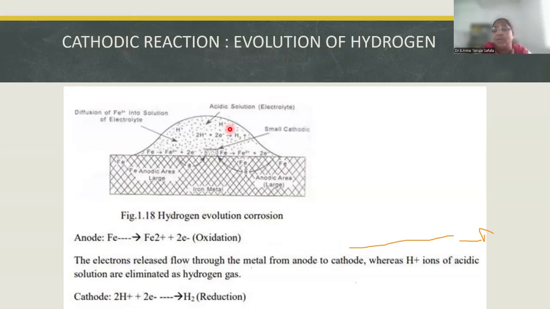Those H plus ions are electron deficient, so they gain electrons and undergo reduction, then evolve hydrogen gas. Thereby you could see the corrosion of this anodic region due to the loss of electrons, and corrosion product formation at the cathodic region.